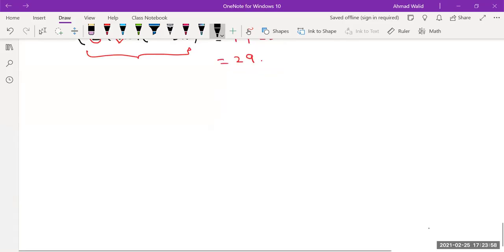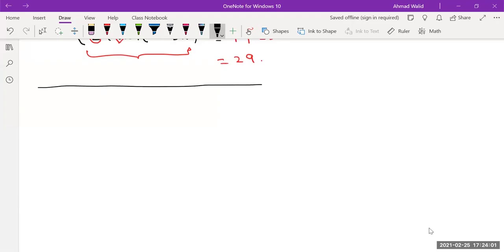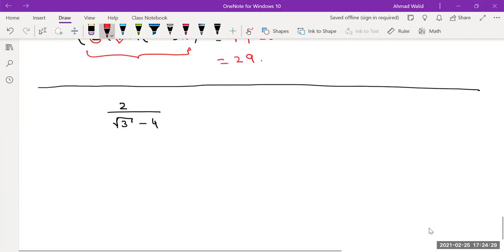Again, let me talk about intermediate algebra a little bit, then jump back to complex numbers. In intermediate algebra, if you have 2 over, for example, radical 3 minus 4, your professor mentioned that to simplify this fraction, you have to multiply the denominator and numerator by the conjugate of the denominator.